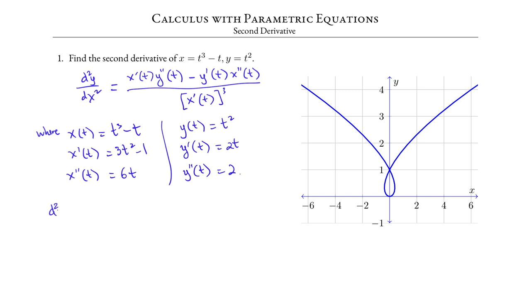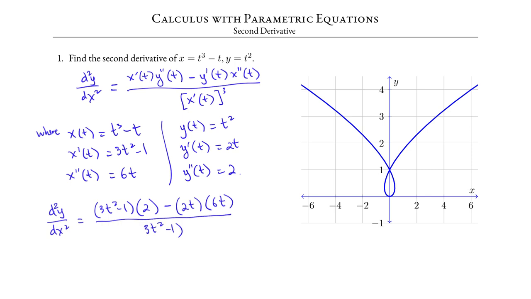Thus, the second derivative d squared y over dx squared is (3t squared minus 1) times 2 minus 2t times 6t over (3t squared minus 1) cubed.